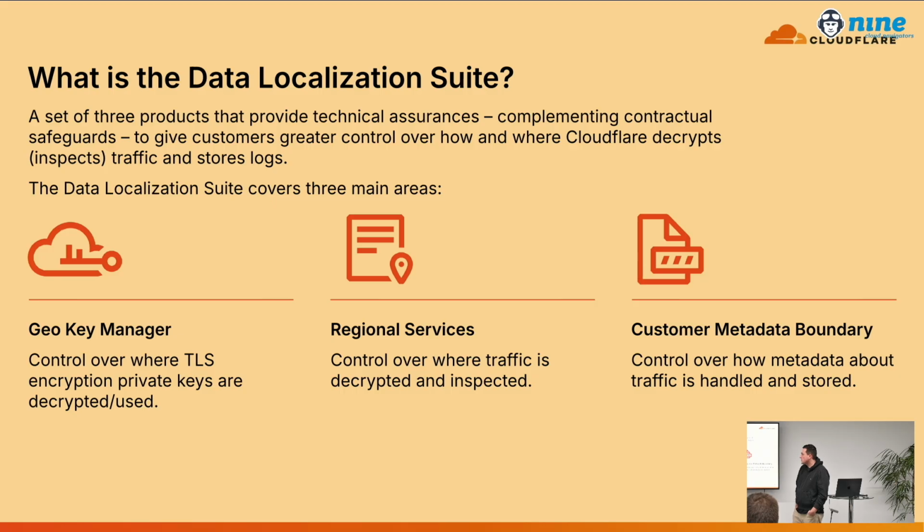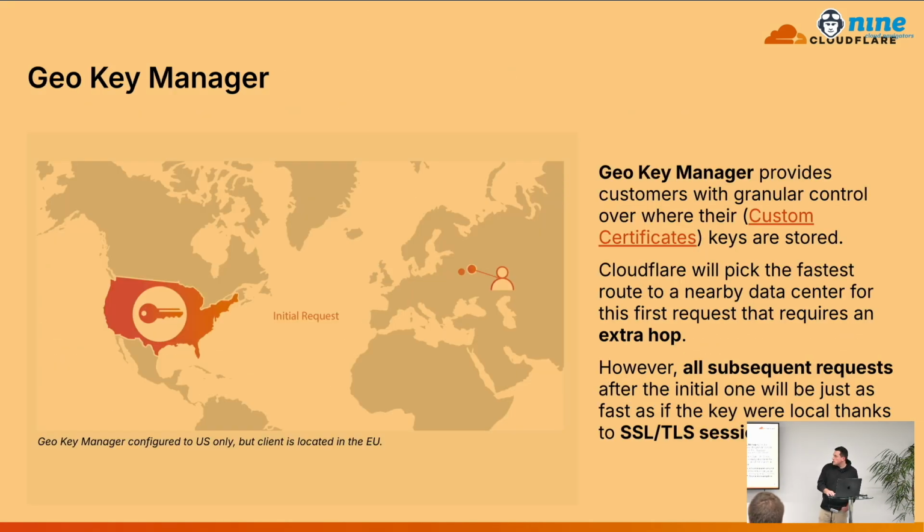With the Geo Key Manager, you really have control over where the TLS keys are stored and used. On the Regional Services side, in the middle, you can control in which regions of the world that traffic is decrypted and inspected. And with the Customer Metadata Boundary, you have control over how the metadata is handled and where it's stored. And now we're going to dive a bit deeper into each of these products.